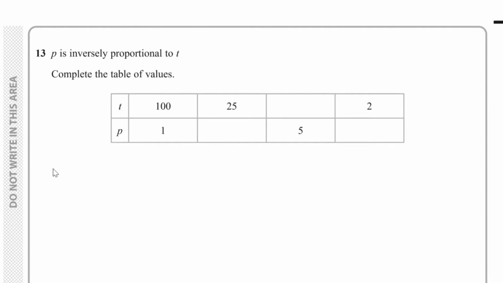So if P is inversely proportional to T, we can rewrite this statement as P equals some constant K over T. And we know that when T is equal to 100, P is equal to 1.